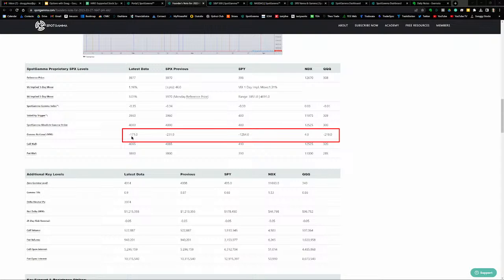For SPY, yesterday gamma notional was minus 1486. Today it's minus 1254. On the other hand, gamma notional for QQQ became more negative. Yesterday it was minus 27. Today it is minus 219.